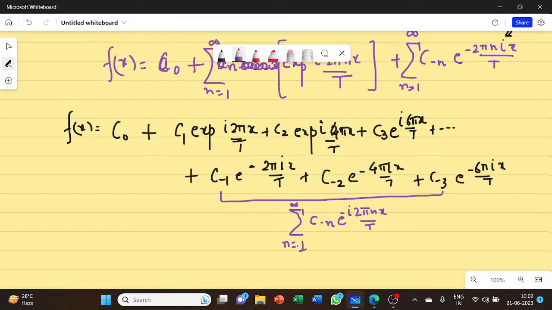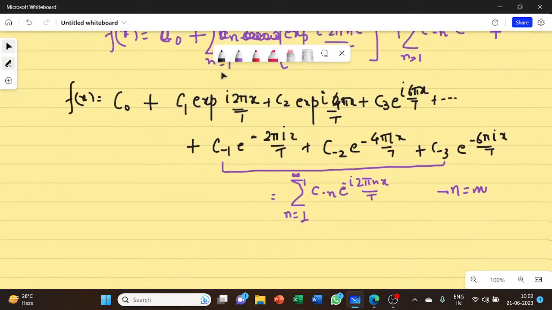So basically your counter, that is your limits of sums, are going from positive 1 to positive infinity. Now instead of minus n, if I replace minus n by m only, then what will happen?